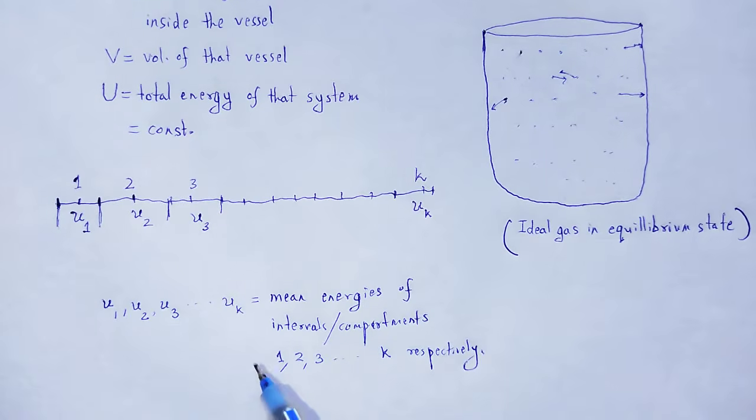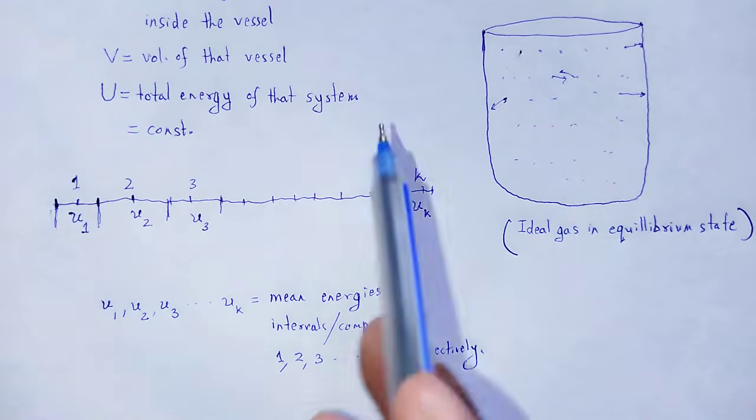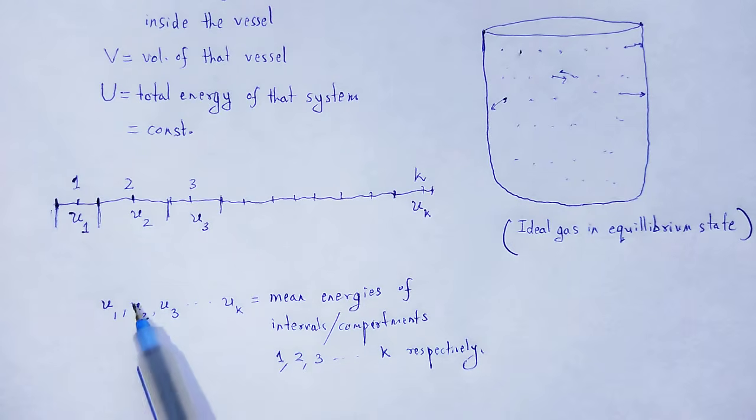Compartment 1 has mean energy U1, compartment 2 has mean energy U2, and so on.